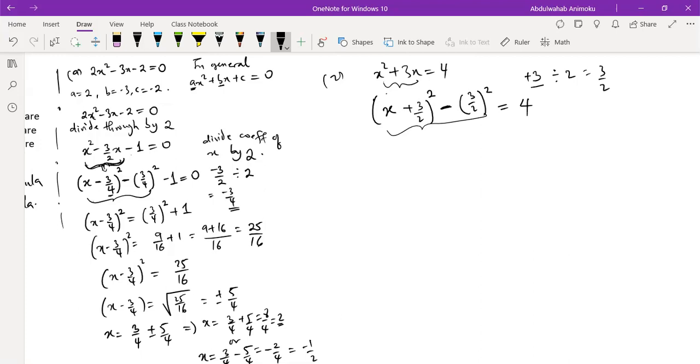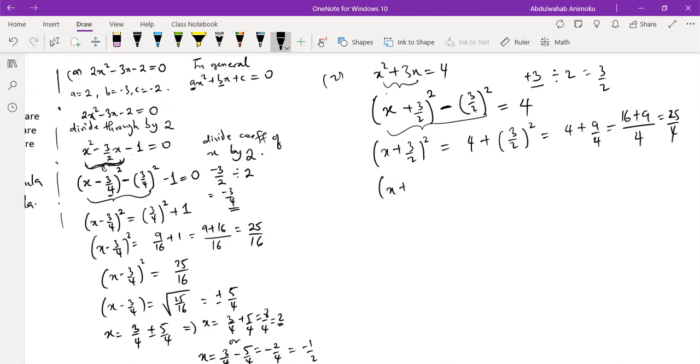Don't forget the 4. Now we take this to the other side, and then we need to simplify this. 3 over 2 squared is 9 over 4, and that gives us, with LCM 4, 16 plus 9 over 4, which is 25 over 4.